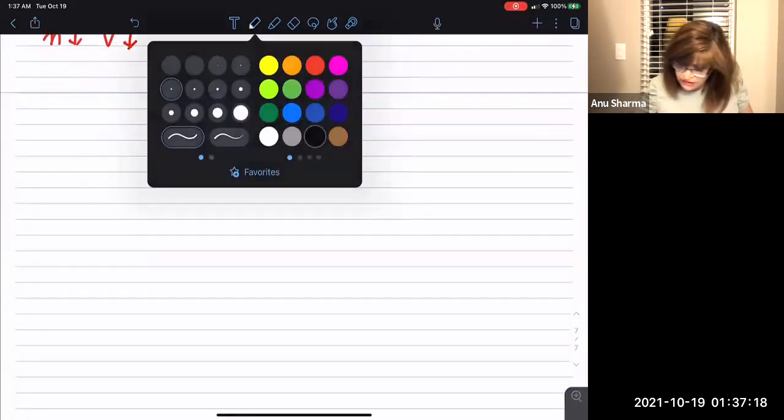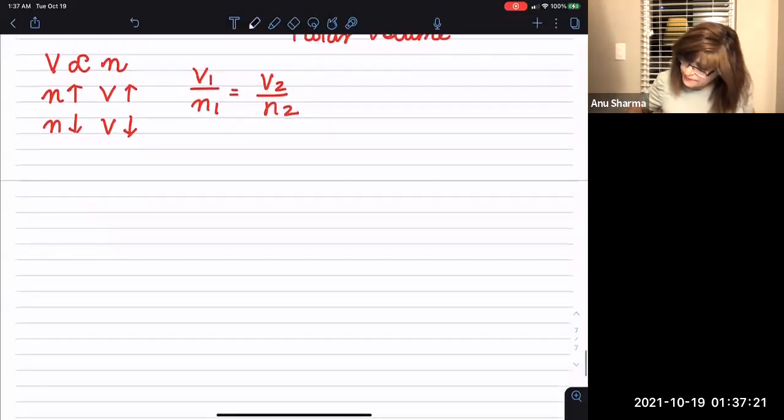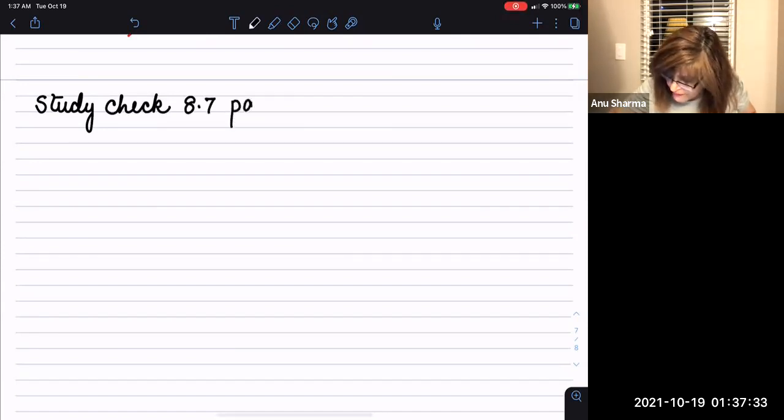The study check problem is study check 8.7, and this is problem on page 305. Here we see a sample containing 8 grams of oxygen.